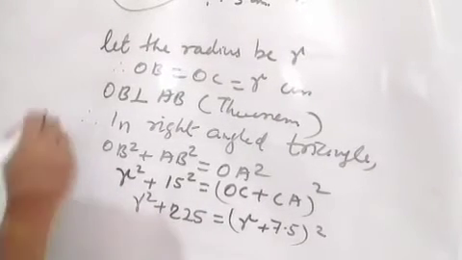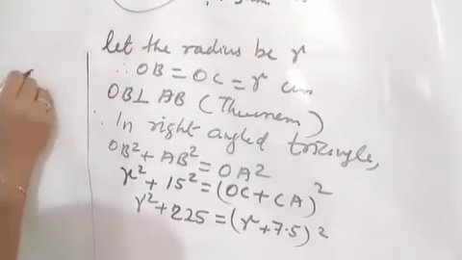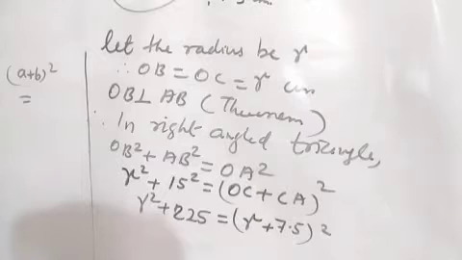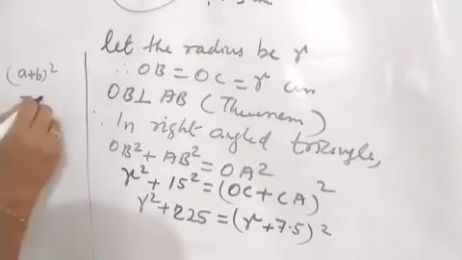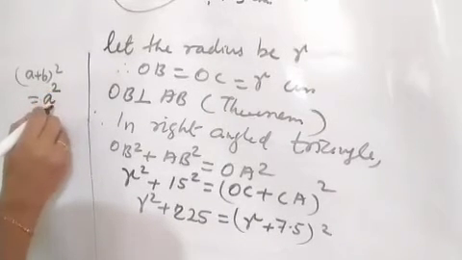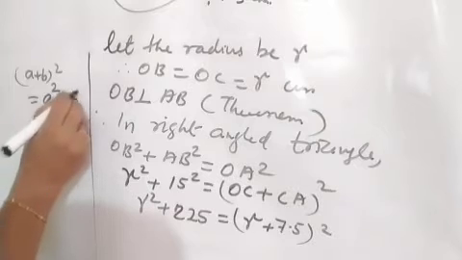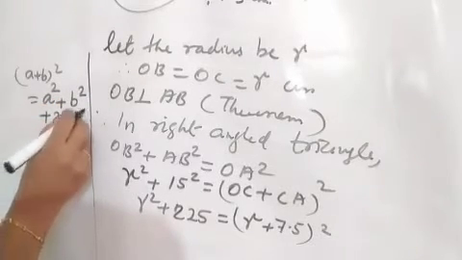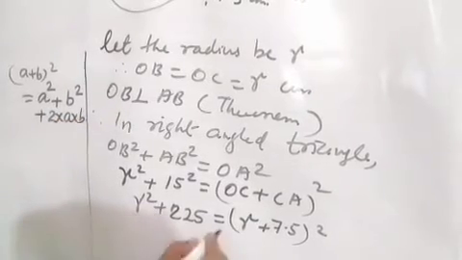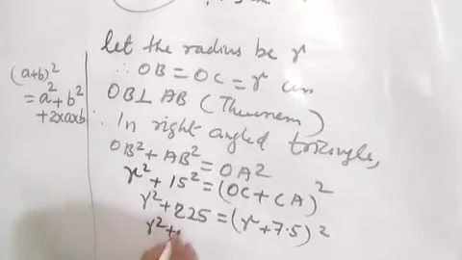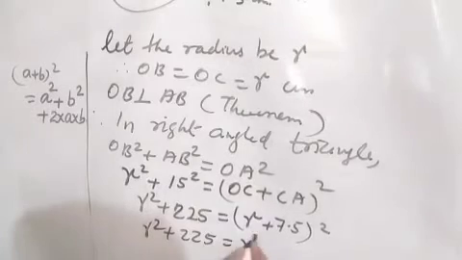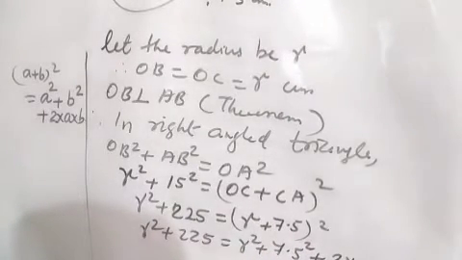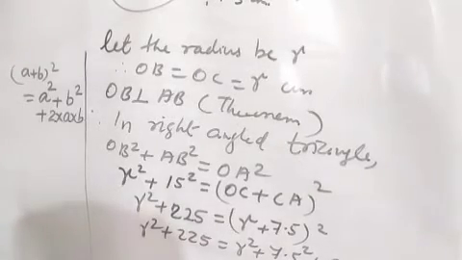Do you remember what is A plus B the whole square? Sum of two numbers. When we have to find the square of the sum, we have to use this identity. First number square, second number square plus twice the product of first term and second term. Apply this. R square plus 225 gives R square plus 7.5 square plus 2 into R into 7.5.